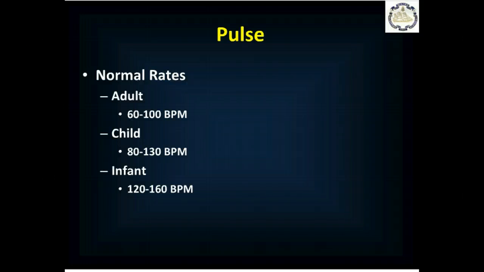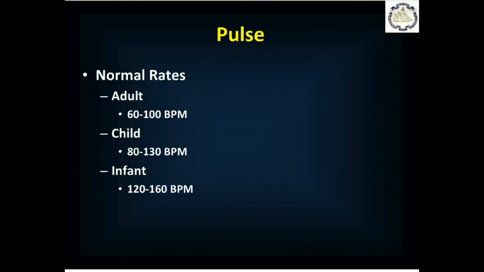So normal rates, generally accepted normal rates for adults are 60 to 100 beats per minute. I personally would actually drop that lower limit to about 50. I see a lot of otherwise healthy adults who have heart rates between 50 and 60 who have no symptoms from it. But the technical definition of bradycardia, slow heart rate, would be below 60.